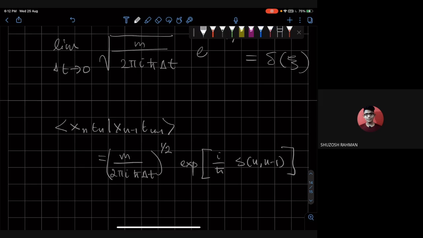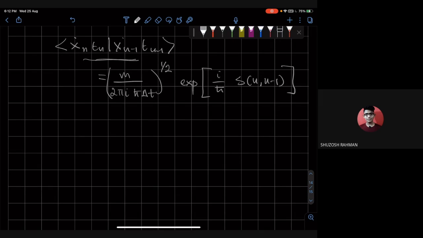Of course, when we plug this into our expression for the propagator, we have to make sure that we take all the paths. And the way we take all the paths is that we integrate over these variables, right?